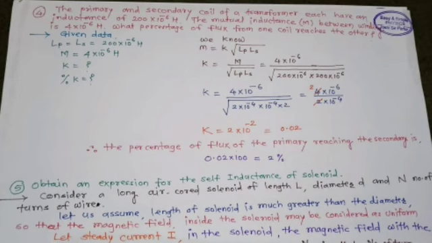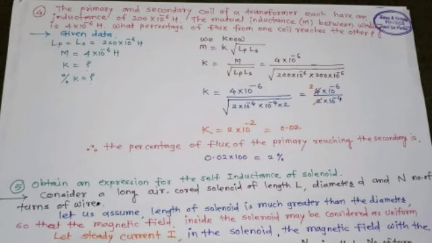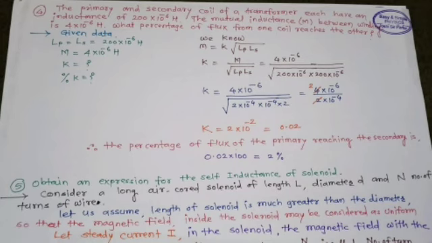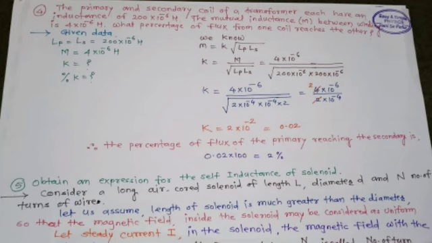So K is equal to M upon square root of inductance across primary into inductance across secondary. Substitute the values: 4 into 10 raised to minus 6 upon square root of 200 into 10 raised to minus 6 into 200 into 10 raised to minus 6.